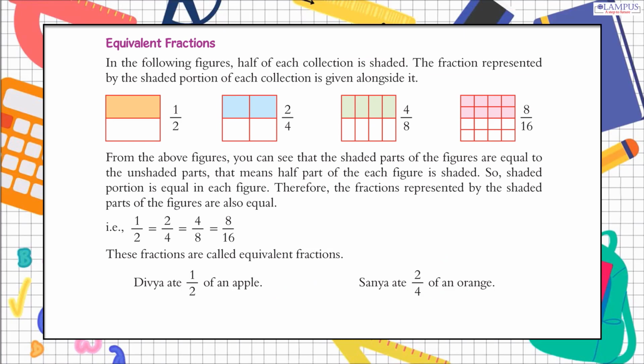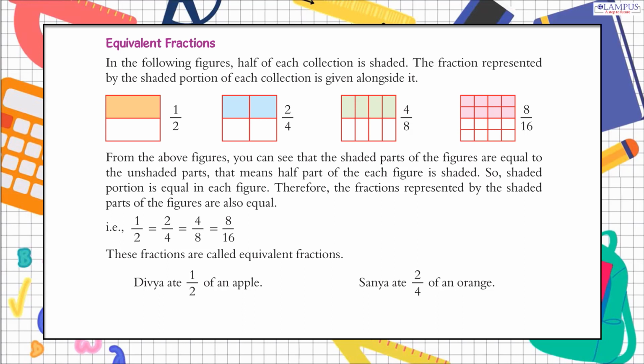Equivalent fractions. In the following figures, half of each collection is shaded. The fraction represented by the shaded portion of each collection is given alongside it. From the above figures, you can see that the shaded parts of the figures are equal to the unshaded parts. That means half part of each figure is shaded.